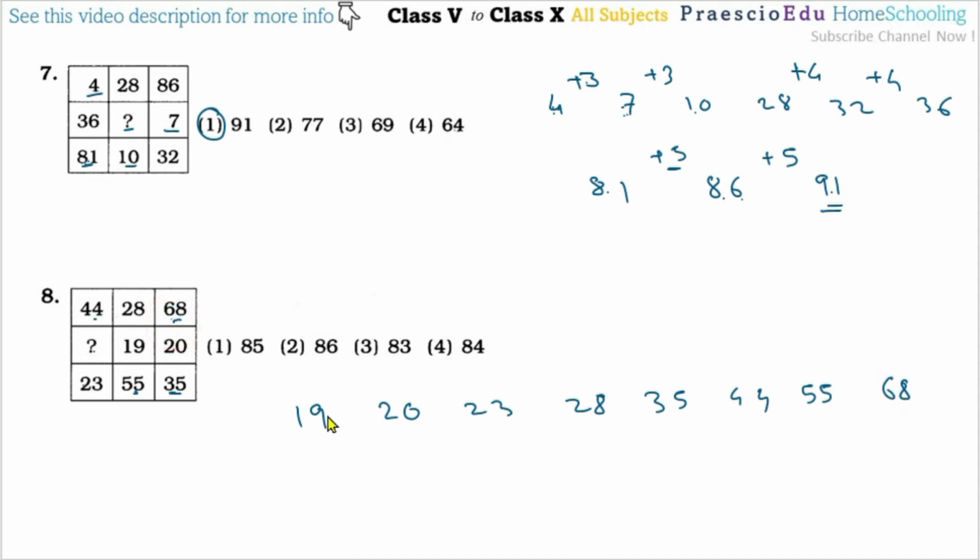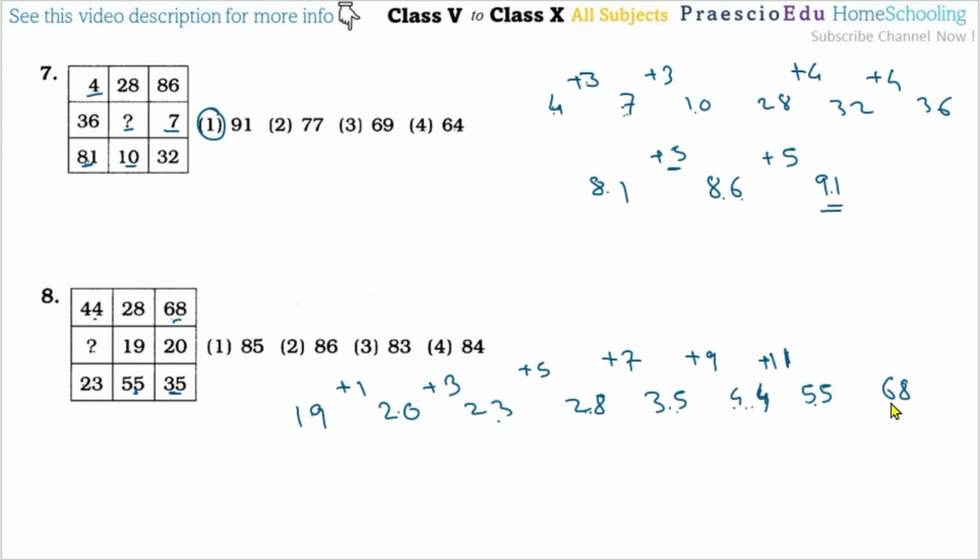So if you try to find out the difference in between these, here plus 1, then here plus 3, so 23 and 28, here plus 5, here 7, then here 35 and 44, so here plus 9 difference, 44 and 55, so that is 11, means plus 11 is there.